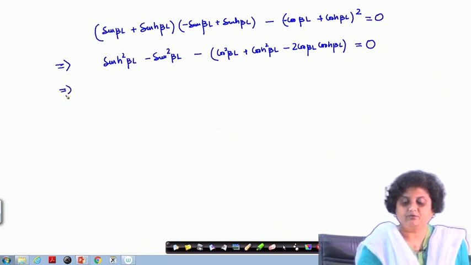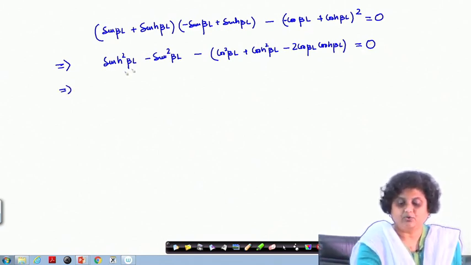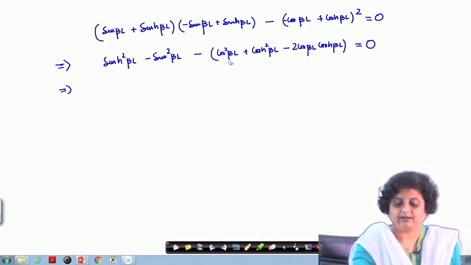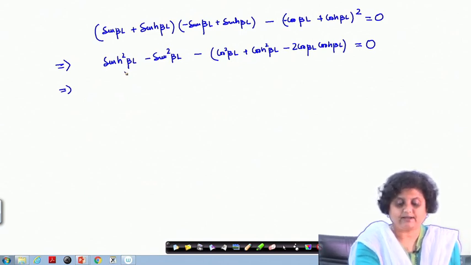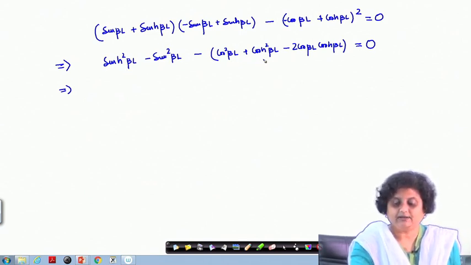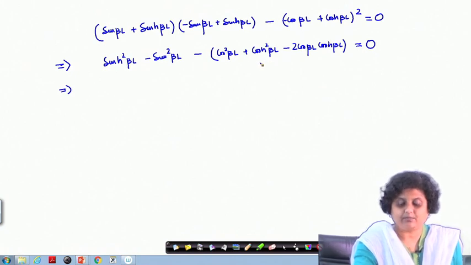So, if you simplify further, minus sin square beta L and minus cos square beta L is equal to minus 1, sinh square beta L minus cosh square beta L is again minus 1.